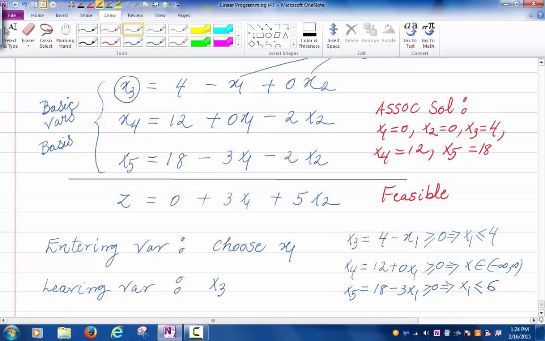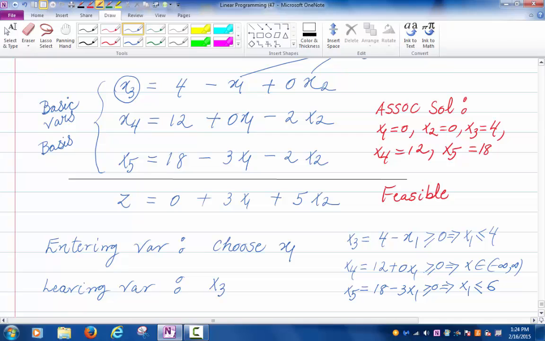Fine. How do I write down the next dictionary now? Well, the idea is you are going to exchange the entering and the leaving variables. How?